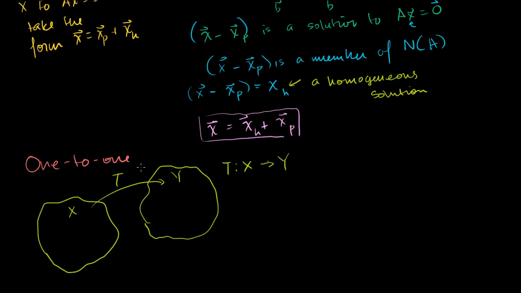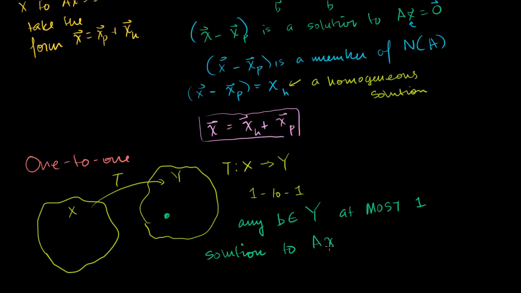In order for T to be one-to-one, that means for any b that you pick here, for any b that is a member of our codomain, there's at most one solution to Ax equals b.